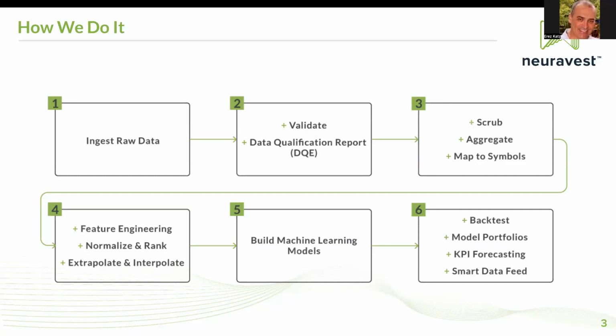The data is sound, and initially, just by looking at some of the metrics, it has some predictive value. Once we identify that, we have about 12 checkboxes that we have to check and pass before we go to the next phase. We start going to scrubbing and aggregating, mapping to symbology, and of course, feature engineering, normalizing, and ranking the features so we can actually compare between constituents, and of course, creating what we call a uniformly distributed data representation.